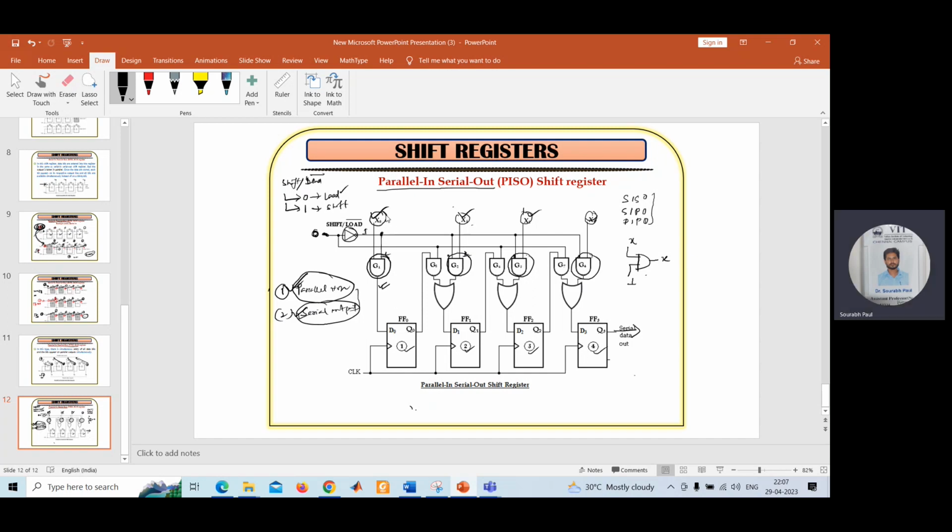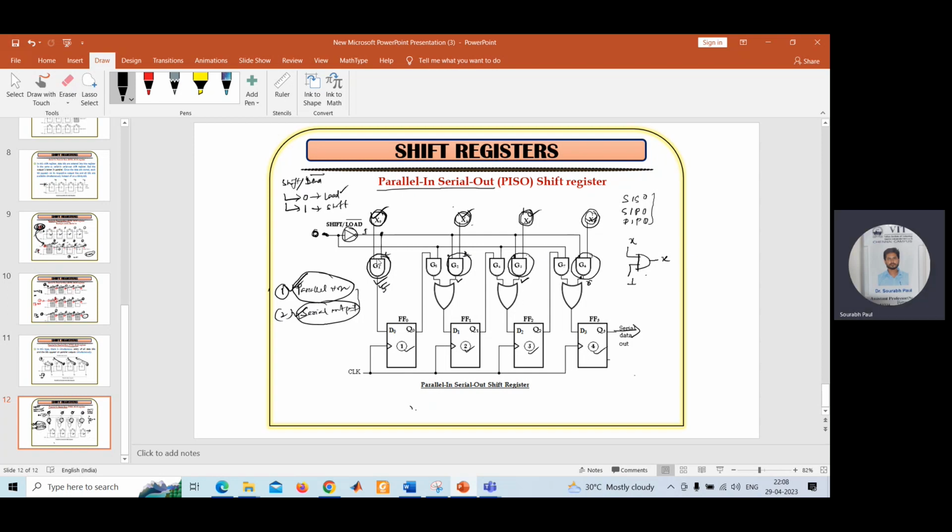What input you give in X0, you will get at the output of G1. What you give in X1, you get at the output of G2. What you give in X2, you get at the output of G3, and what you give in X3, you get at the output of G4. And that is what we want in case of parallel input. We need to input the data parallelly.